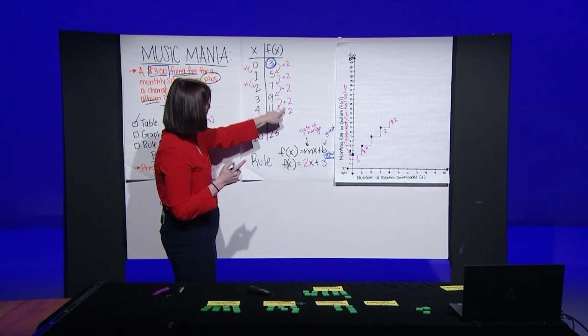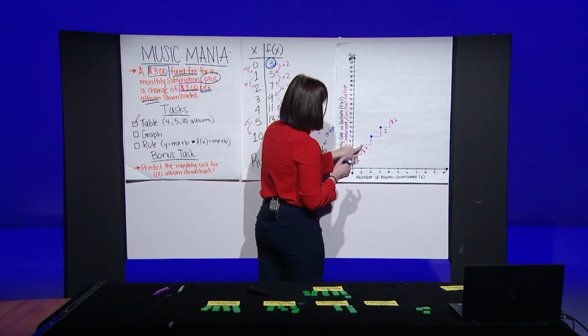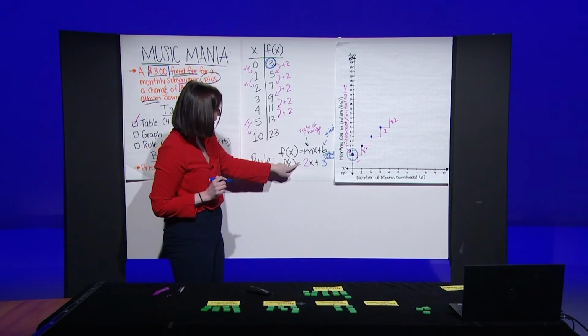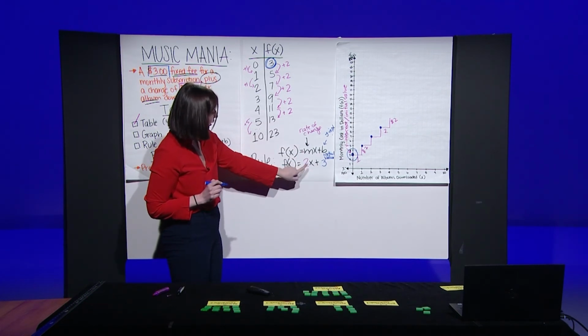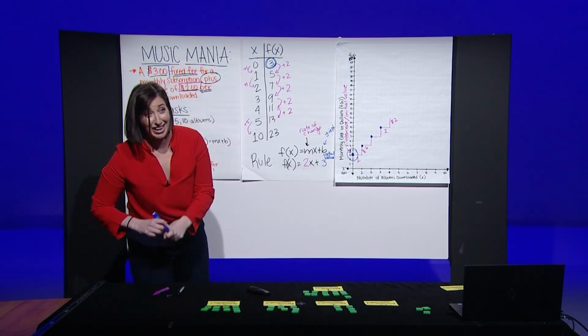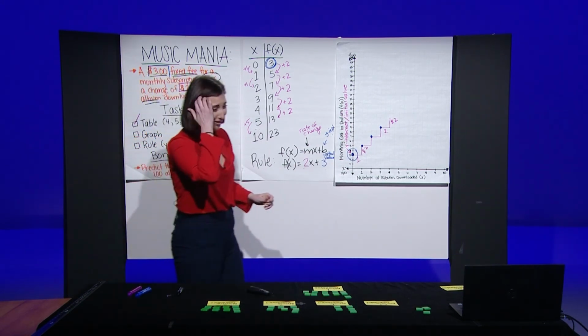Rate of change, initial value, rate of change, initial value, and then in my equation or linear function, rate of change, initial value. It's there. We just have to figure out how to put those pieces together.